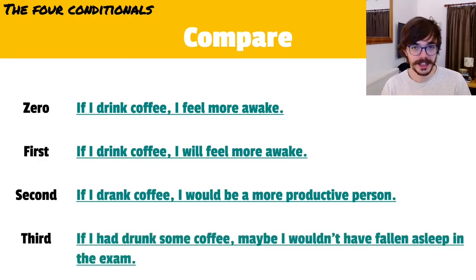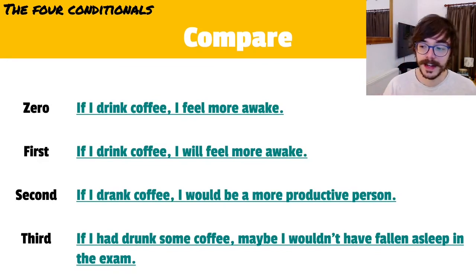And third conditional, talking about the past, so past perfect, then wouldn't have plus past participle. If I had drunk, I wouldn't have fallen asleep. So if I had drunk some coffee, maybe I wouldn't have fallen asleep in the exam.